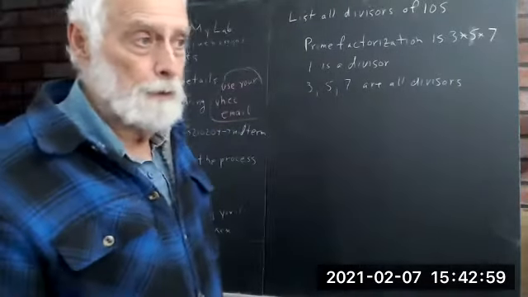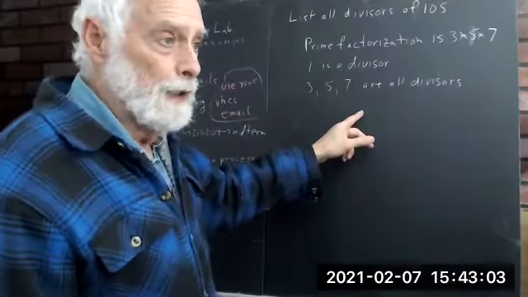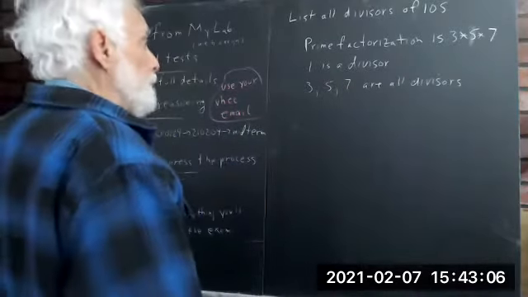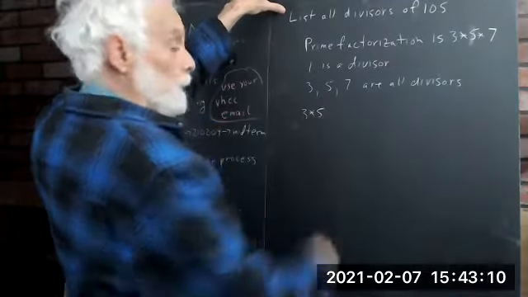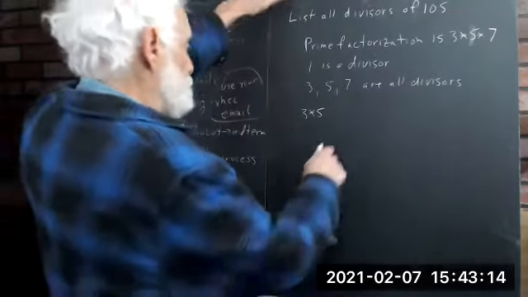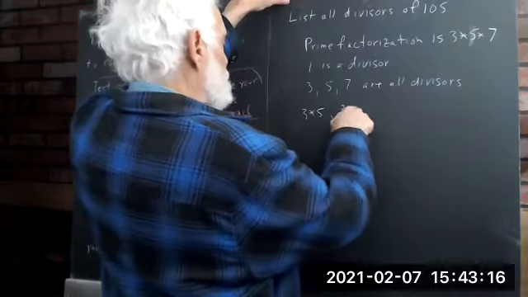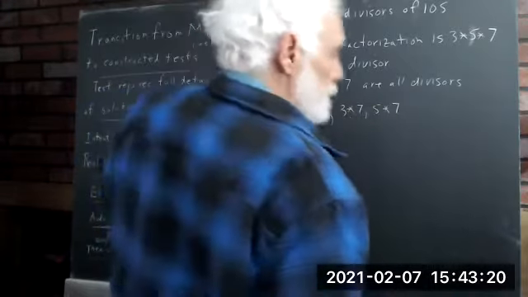Okay, well, we're doing pretty good. Actually, now we've got the 4 smallest divisors. Then 3 times 5 is a divisor. So is 3 times 7. And so is 5 times 7.